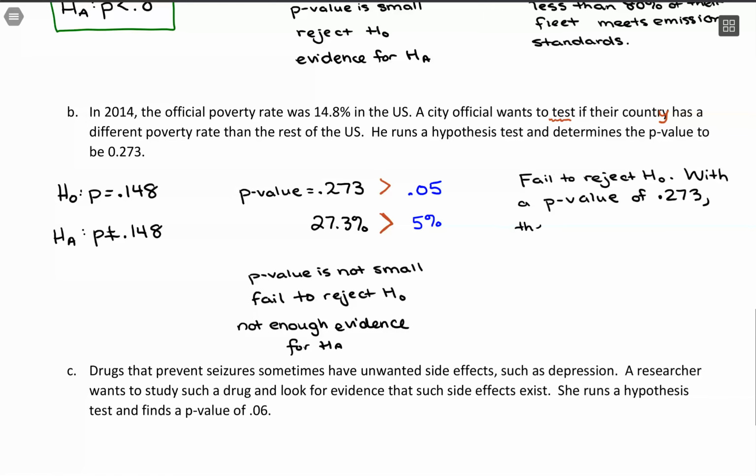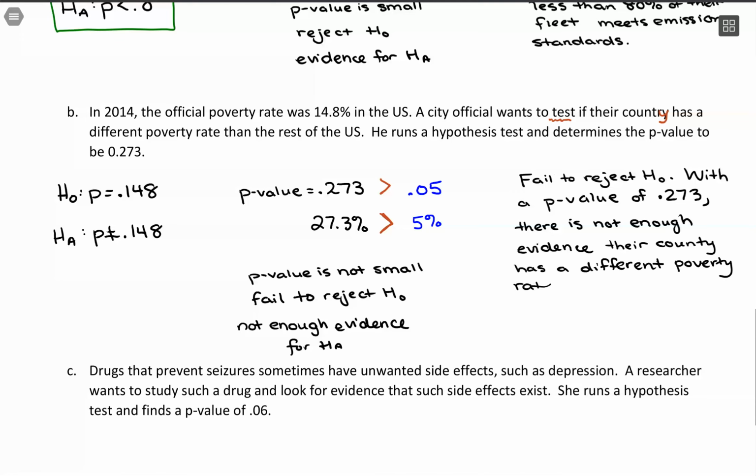So we could say there is not enough evidence their county has a different poverty rate, or you could even say significantly different poverty rate than the rest of the US.